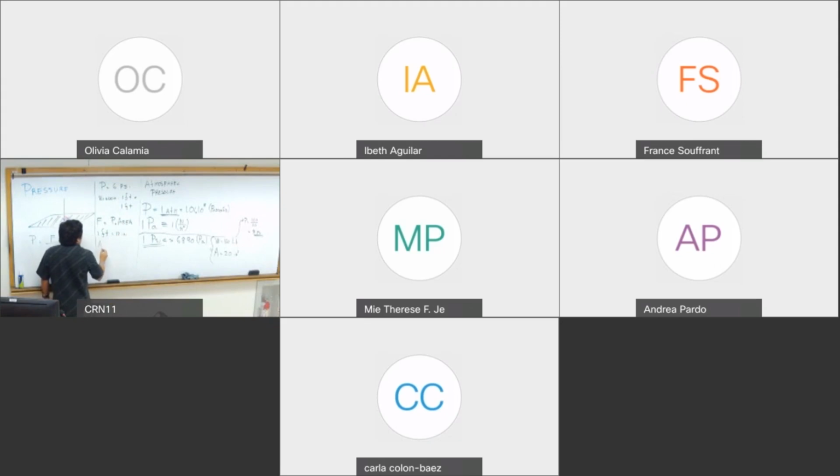So the area is 12 inches by 12 inches, 144 square inches. So my force will be the pressure times the area. Right? And I believe you get 864 pounds.